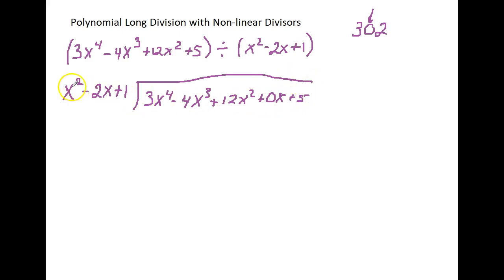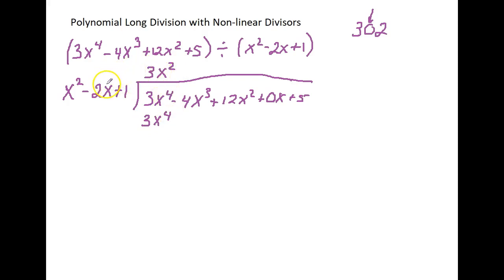Now, I say to myself, what times x squared will give you 3x to the fourth? Well, I need a 3 and I need an x squared. So I take 3x squared times x squared and I get 3x to the fourth. Then I take this times each of the other factors.